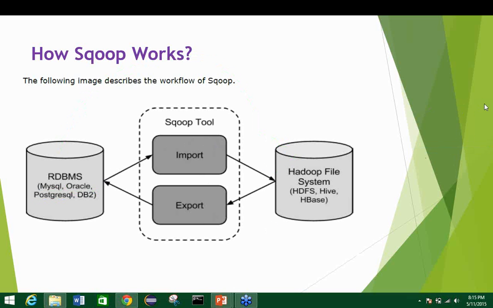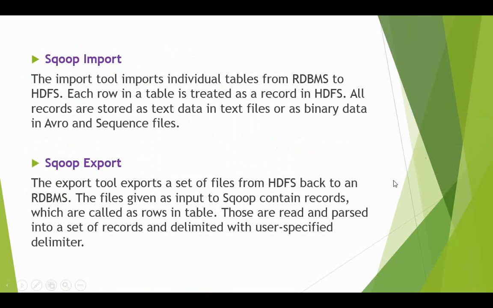Now we have to see how to import the data and what the different steps are. The first one is Sqoop import. The Sqoop import tool imports individual tables from the RDBMS to HDFS. Whatever data we want to import from the RDBMS can be imported to HDFS by using the Sqoop import tool.